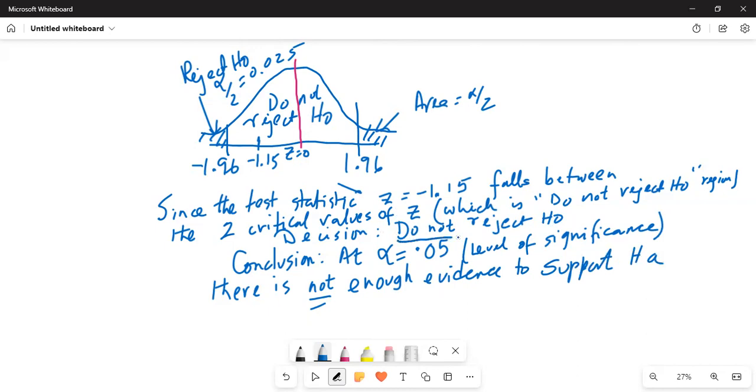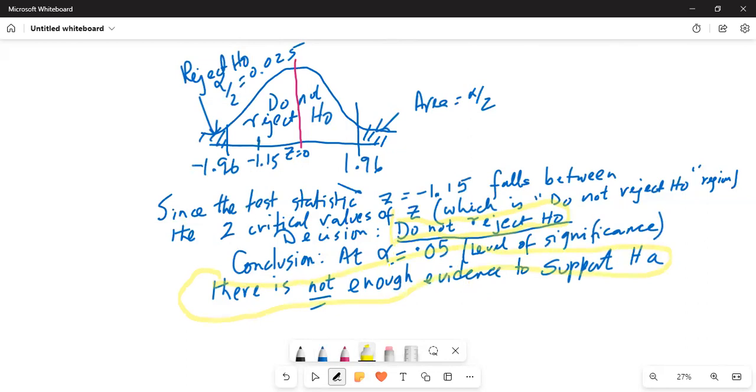Our decision was do not reject H0, and the conclusion is there is not enough evidence to support HA.